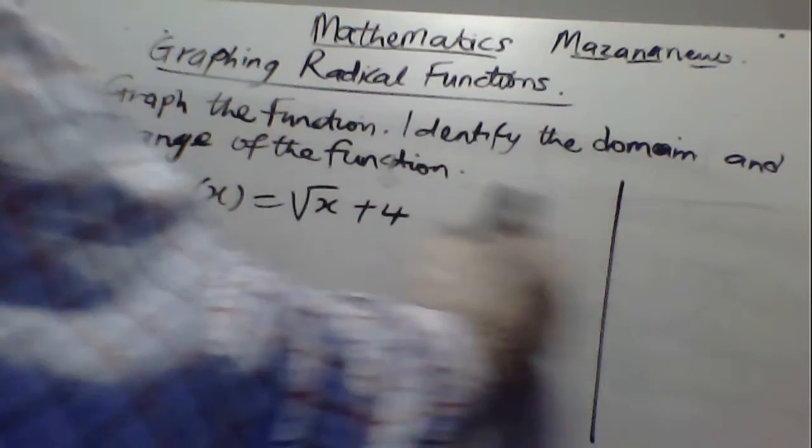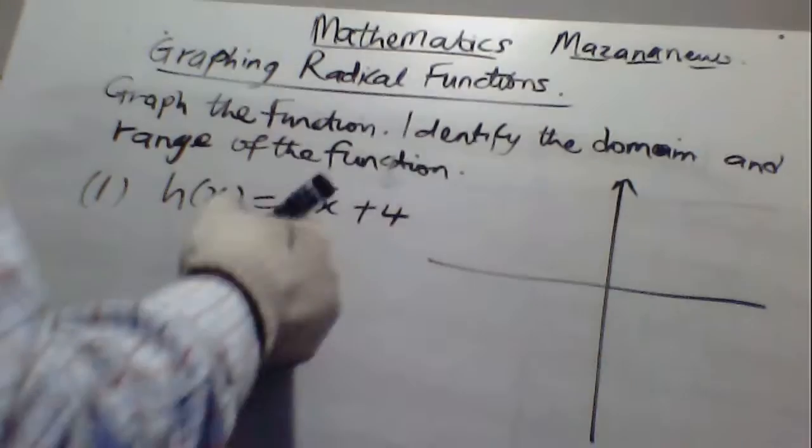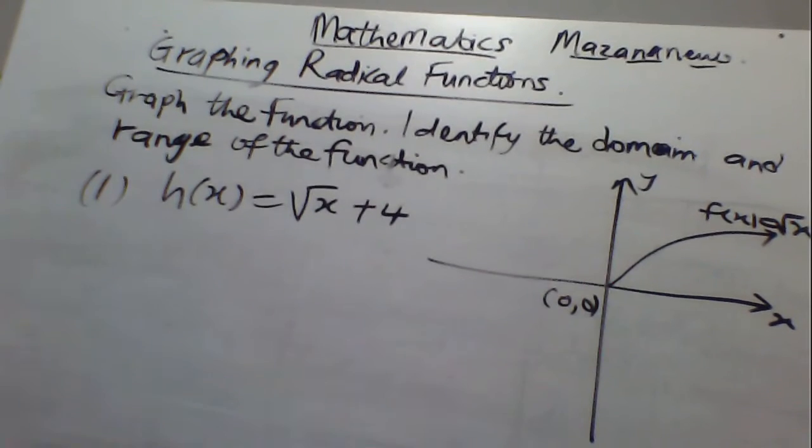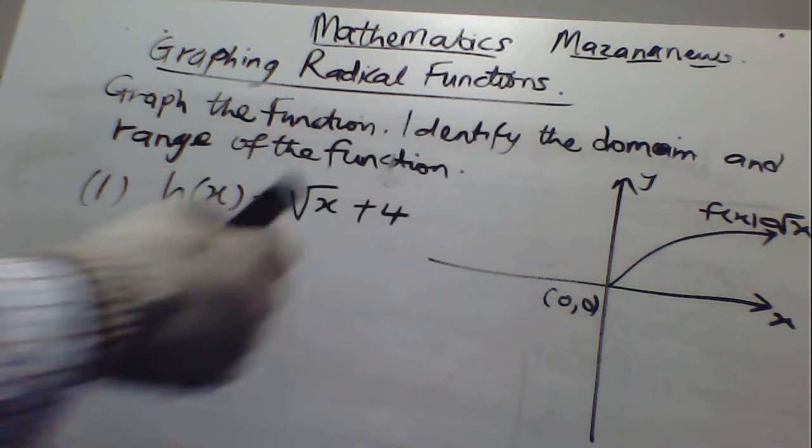We know that the parent's graph will look like this. This is a square root, so the parent's graph will look like this. f of x is equal to the square root of x. So it will look like this. It is at 0, 0 that we draw this graph. So from here we can now draw the graph of h of x.